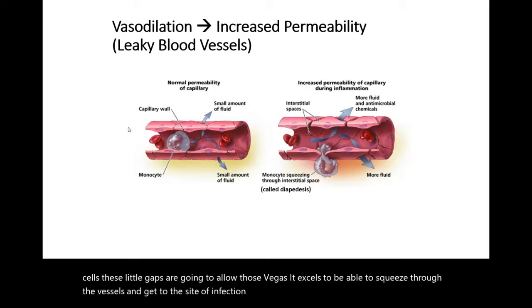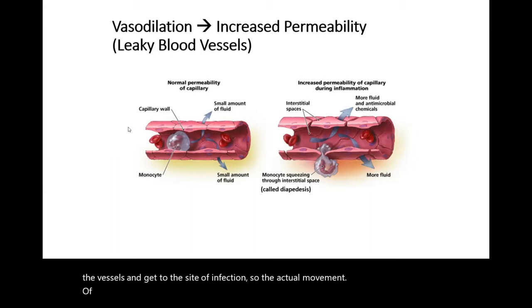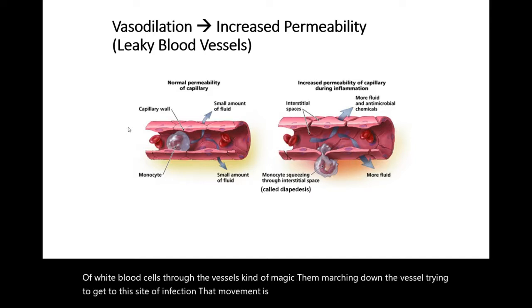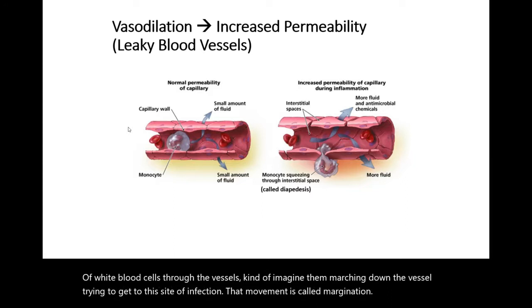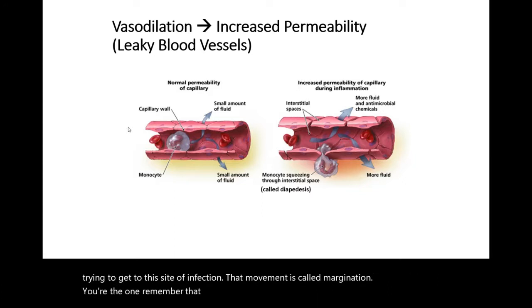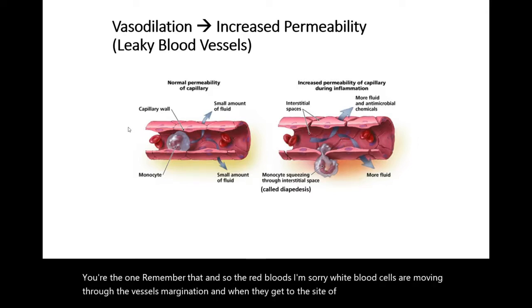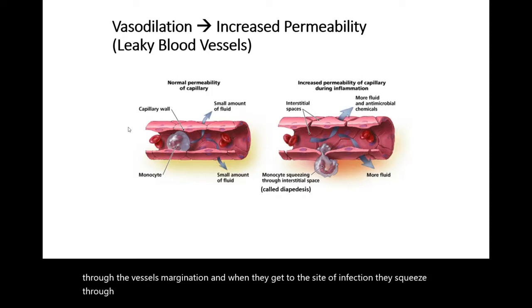So the actual movement of white blood cells through the vessels, kind of imagine them like marching down the vessel trying to get to the site of infection. That movement is called margination. You're going to want to remember that. And so the white blood cells are moving through the vessels, margination, and when they get to the site of infection, they squeeze through those gaps, and that squeezing through is called diapedesis.